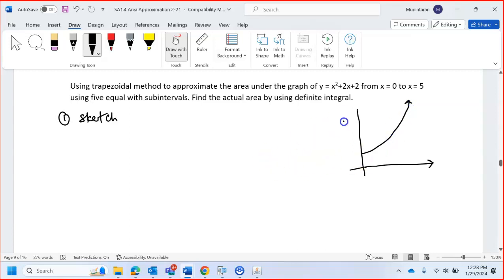I do not worry about the other side, because it is 0 to 5. So I have the sketch from 0 to 5, and let's say the 5 is about there.